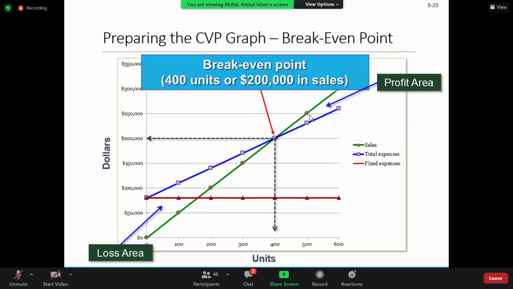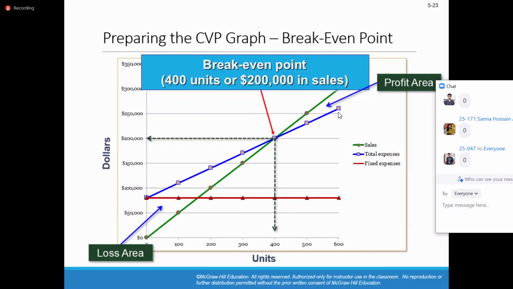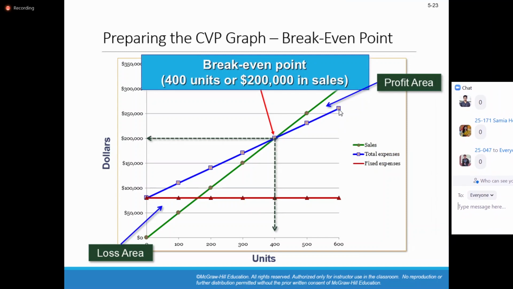We see that total sales revenue for 500 units is 250,000. And if we subtract the total expenses for 500 units, which is here approximately 230 or 230 plus, we would see the 15,000 or something would be profit. Okay, so we need to be precise if we have the numbers, and same thing we can do for the 600 units. We would get approximately 40,000 profit.